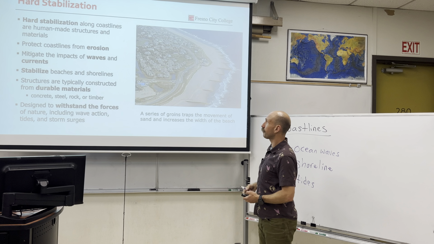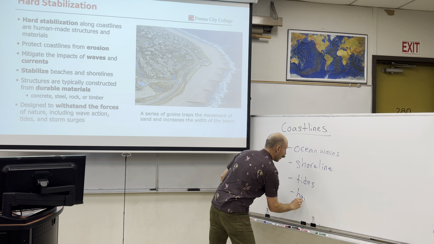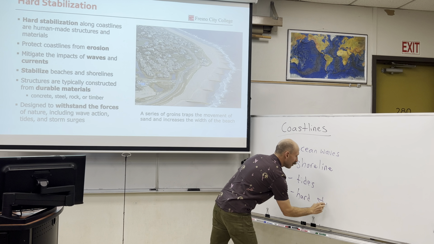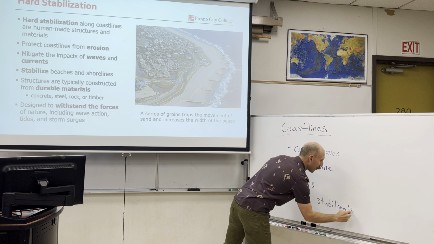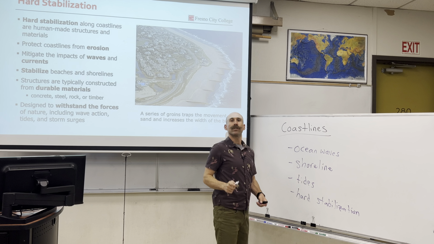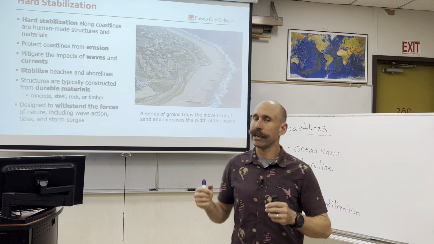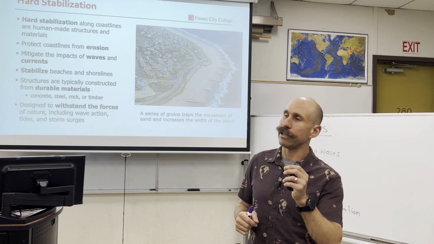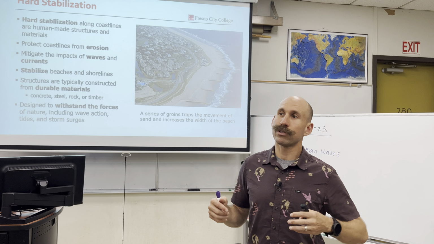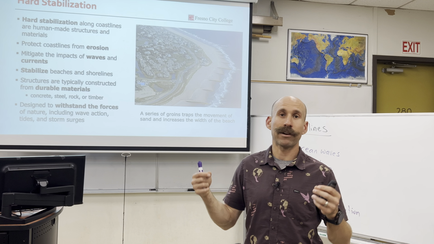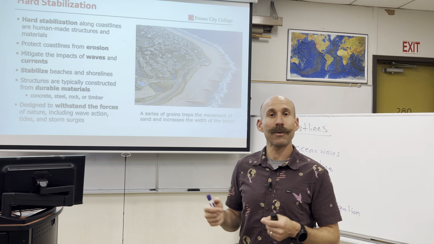That's amazing. And hard stabilization. So hard stabilization are the structures created by humans to protect coastlines. Coastal erosion, big issue if it is starting to affect building and property, and also losing sand because of various human activities, not something that we want.